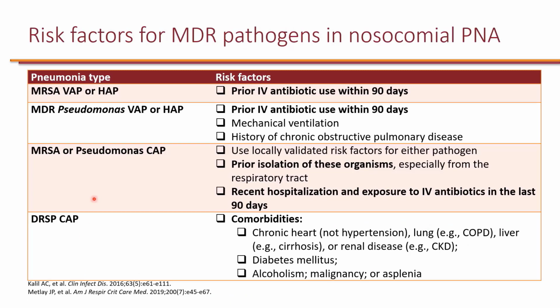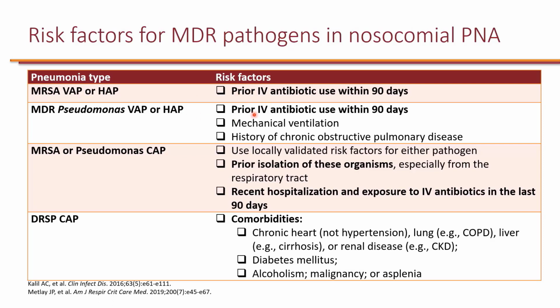Now here is information from two different guidelines. The first guideline is the HAP and VAP guideline. So here they have identified risk factors for MRSA in HAP and VAP, as well as risk factors for multi-drug resistant Pseudomonas in HAP and VAP. So the common risk factor for these two is that if a patient has received IV antibiotics in the previous 90 days, that is a risk factor for selection for MRSA, as well as selection for multi-drug resistant Pseudomonas.